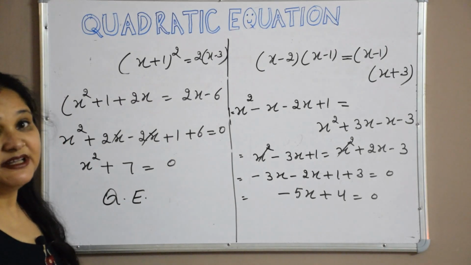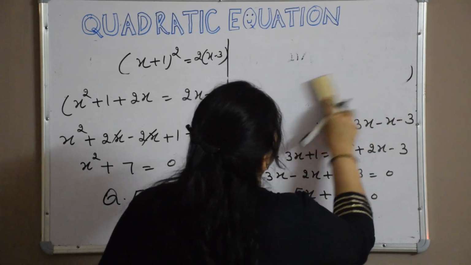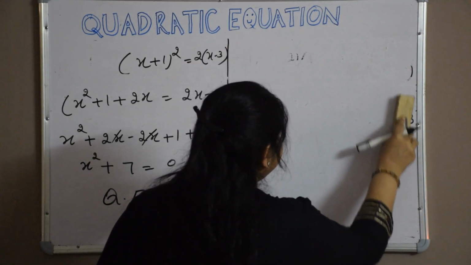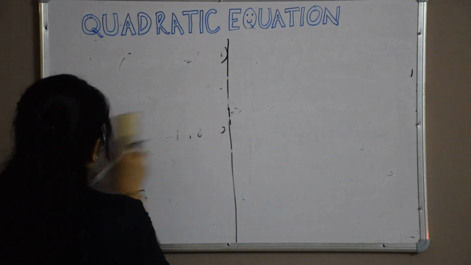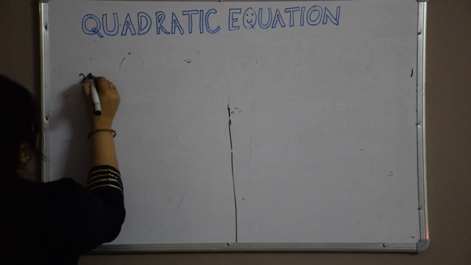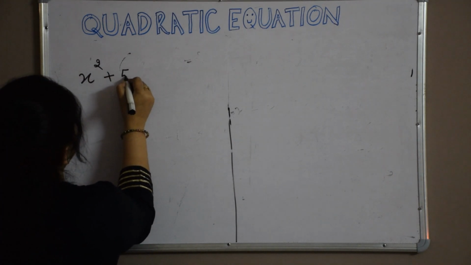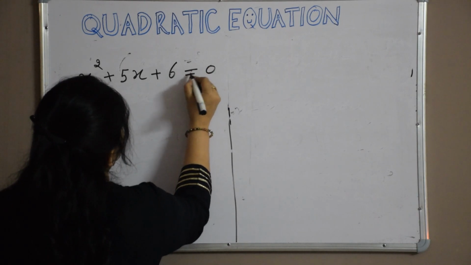To solve the quadratic equation means we have to find the roots of the quadratic equation. See, suppose I am having a quadratic equation x square plus 5x plus 6 is equal to 0.